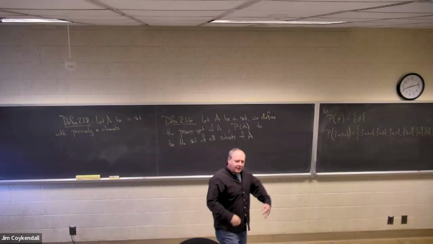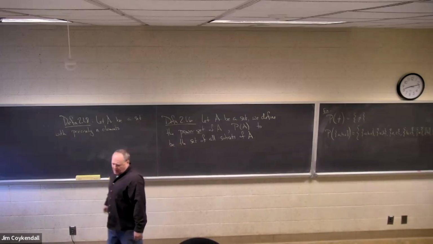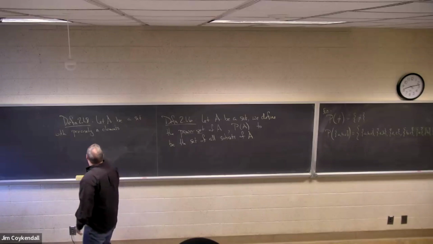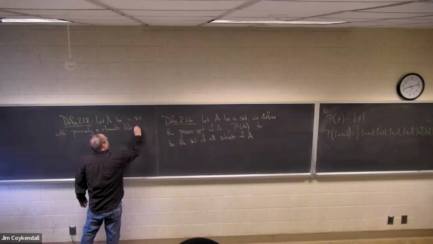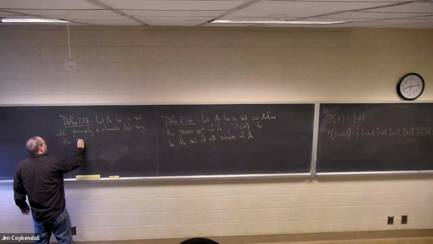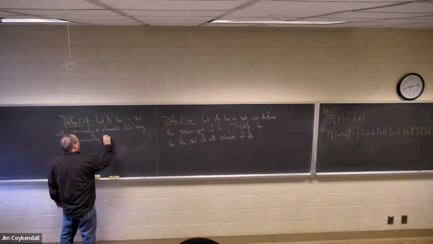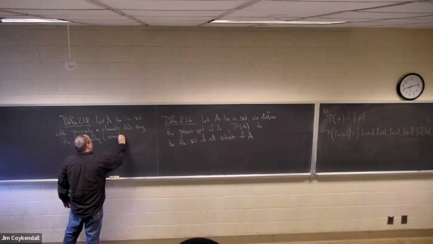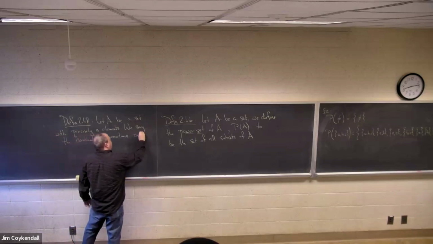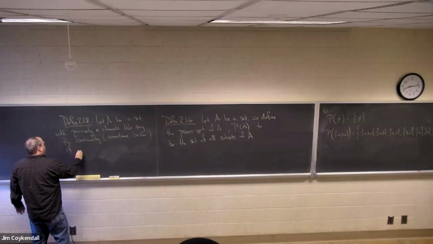So it's a finite set. It's not like the real numbers or the natural numbers that have infinitely many elements, but it's got finitely many. We say that the cardinality of A is n. I'll try to stick to the word cardinality. Sometimes you hear the word order of A.